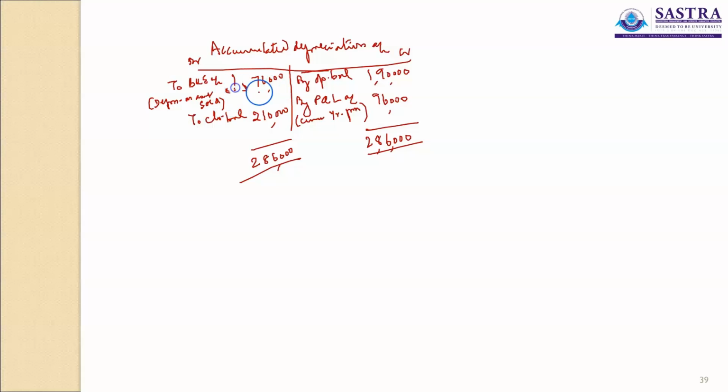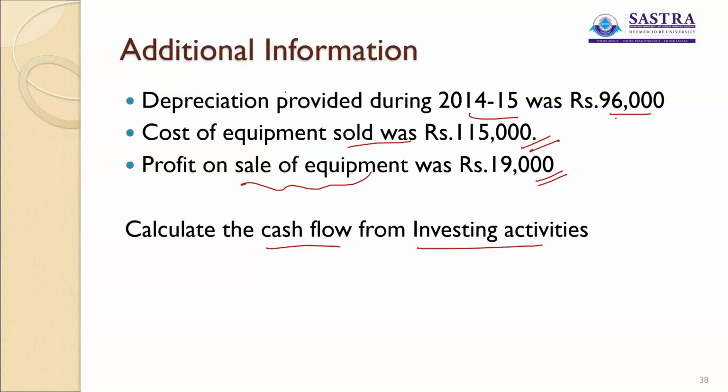This is not the information given in the question. This we have calculated. This is a balancing figure, 76,000. Are you able to understand why we do this? We know from the question that some part of the equipment is sold and the cost is given as 1,15,000. And it is given in the question that the equipment was sold at a profit of 19,000. That means what was the cash realized?